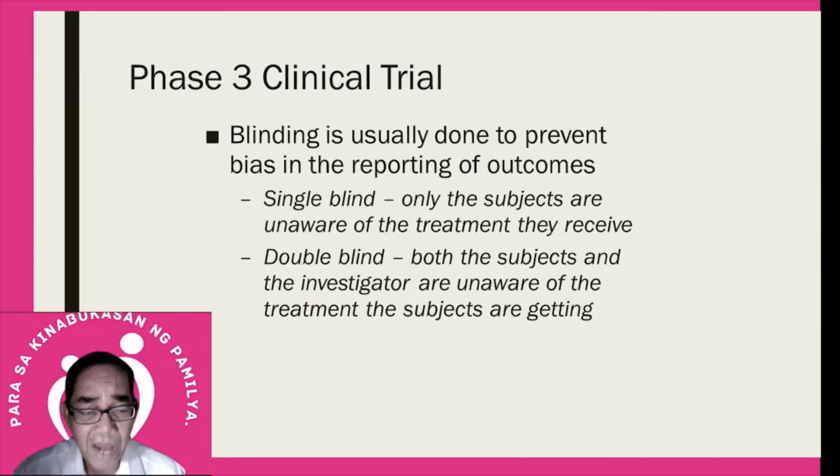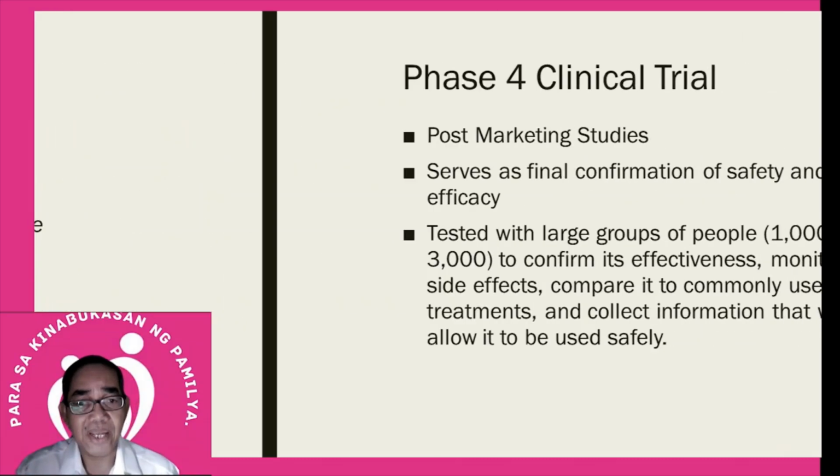And there is blinding, that is usually done to prevent bias in the reporting of the outcomes. We have what we call the single blind, where only the subjects are unaware of the treatment that they receive, and double blind, where both the subjects and the investigators are unaware, I should say, of the treatment the subjects are getting. So this is a double blind controlled trial.